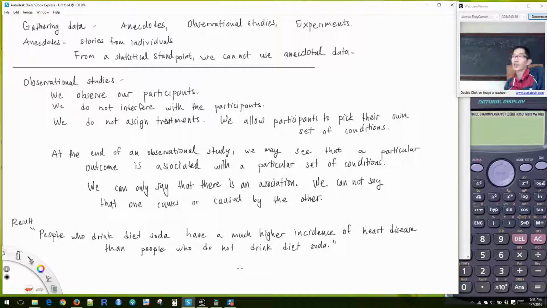It's just that people who have a higher risk of heart disease to begin with are probably more likely to drink diet soda than those people who do not. Okay, so there could be a million possible explanations. Maybe one of the explanations is that diet soda actually does increase the risk of heart disease, but we can't conclude that just from seeing this phenomenon alone.